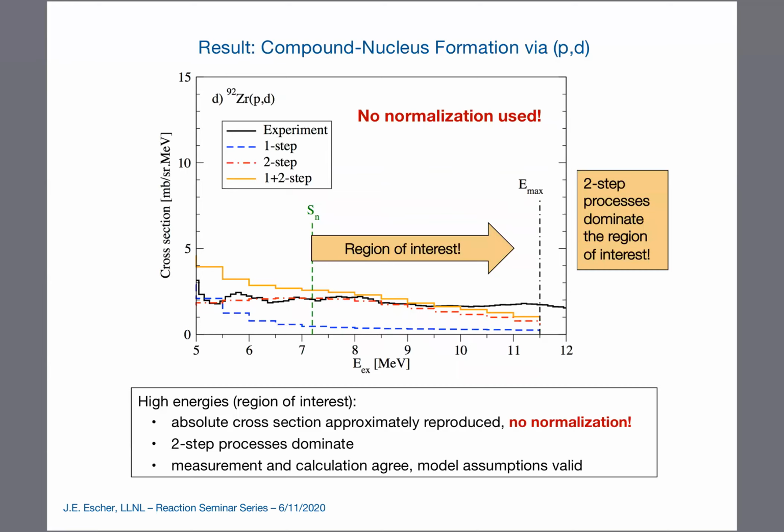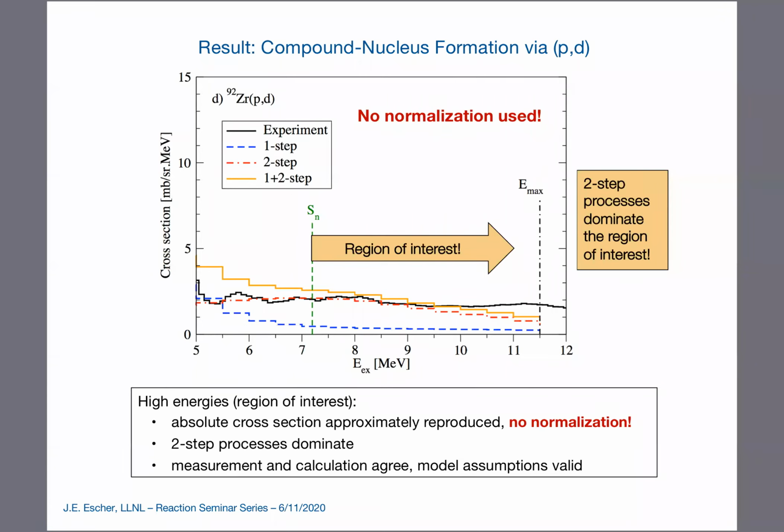The two-step reactions are in red, and then the orange curve gives the result. So that's a reasonable reproduction. Oh, and I should mention, the cross sections are integrated over angles from 30 to 60 degrees, which is what the experiment had. So there's no normalization here. We see the two-step processes dominate, and we get a decent agreement between measurement and calculation. So that makes us pretty confident to move forward.